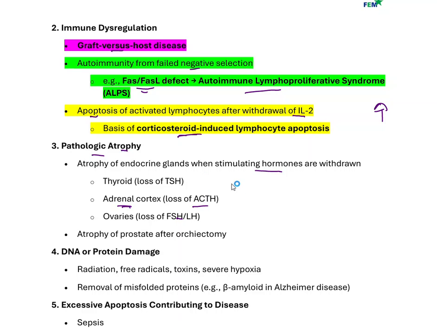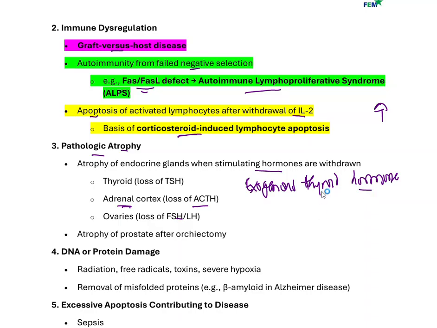So that's why if somebody is taking exogenous thyroid hormone, as we're going to see when we get to endocrine, this will negative feedback to the hypothalamus and pituitary.